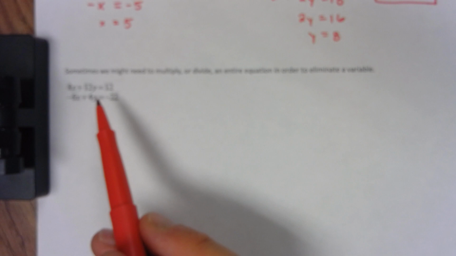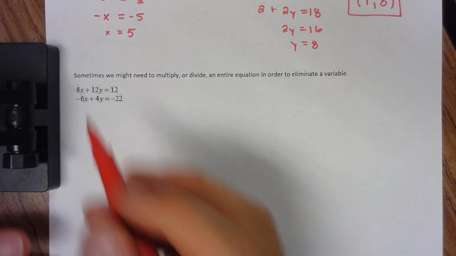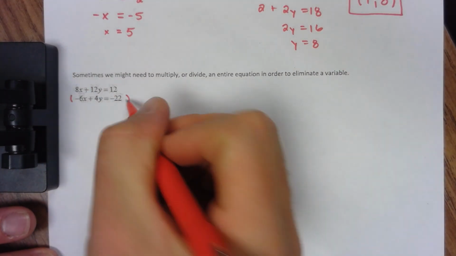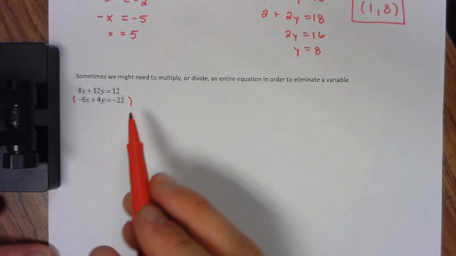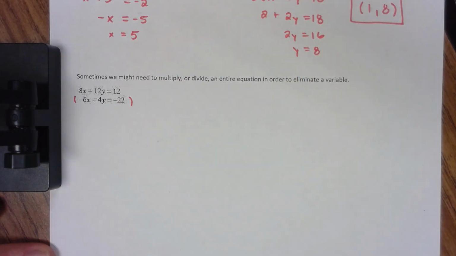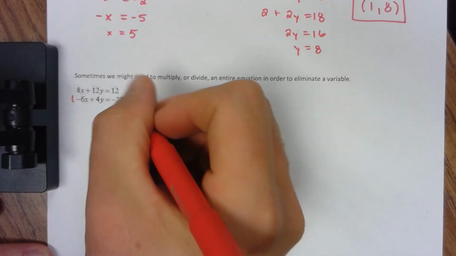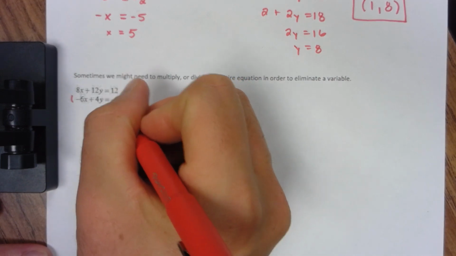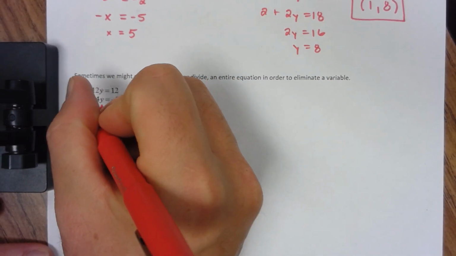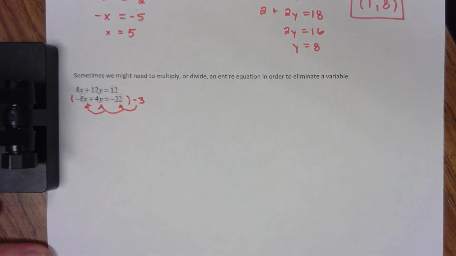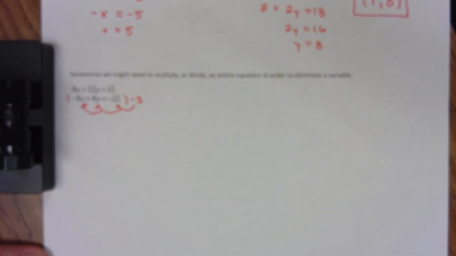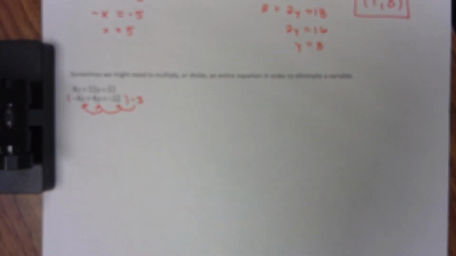So I can multiply this entire bottom equation, like what I did when I multiplied the other equation by -1, by -3. The whole reason I chose -3 is that it's going to give me a -12y, thus eliminating the y in the other equation.